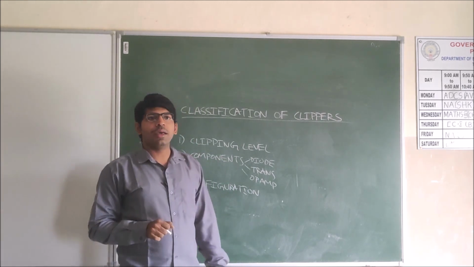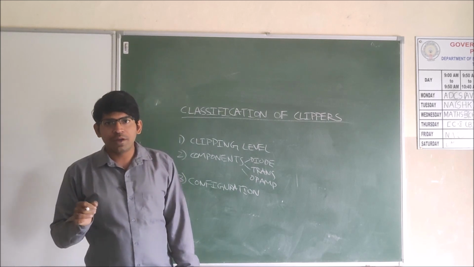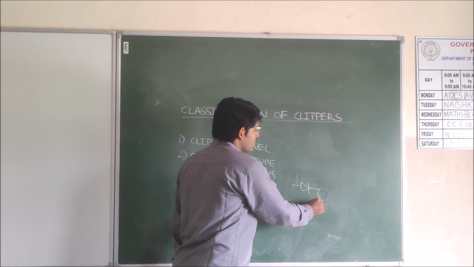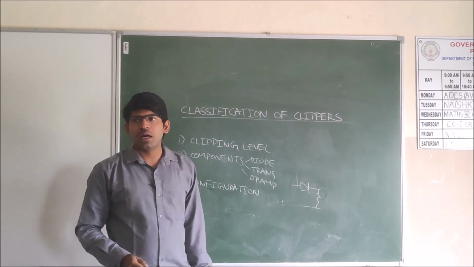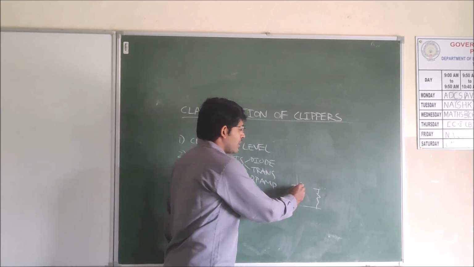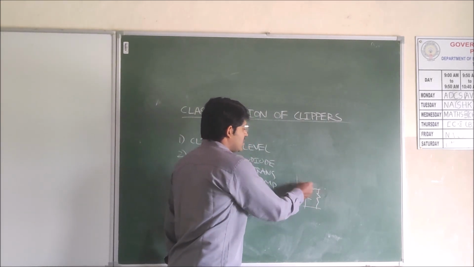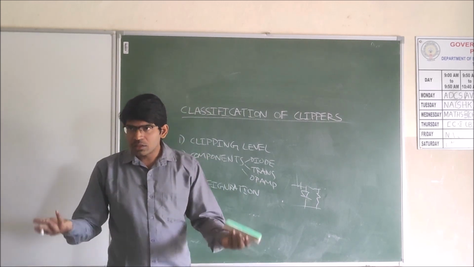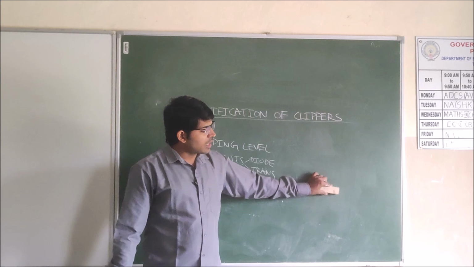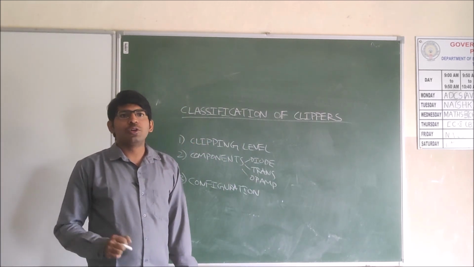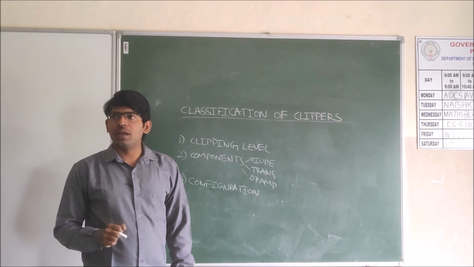Similarly here, if we connect the diode in series with the resistor, then this type of clipper is called a series clipper. If we connect the diode in shunt with the load resistor, then it is called a shunt clipper, based on the configuration.